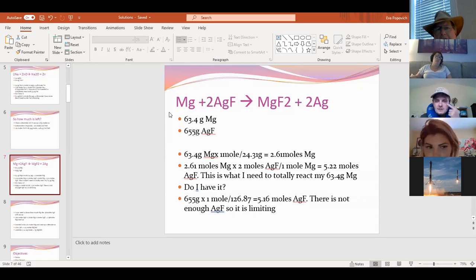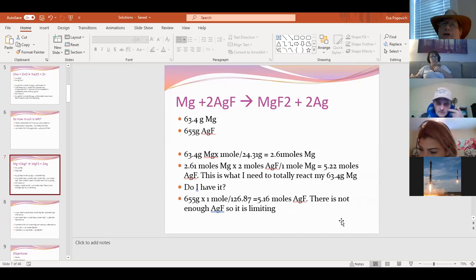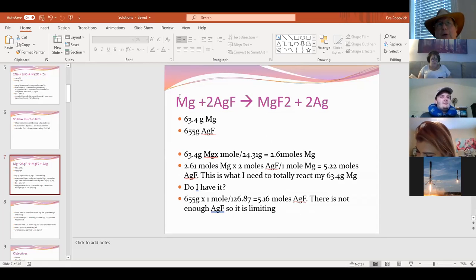Not right, guys. What's the coefficient in front of magnesium? 1. And silver fluoride? 2. So if I'm going to convert my silver fluoride to magnesium, what number goes on top, the 1 or the 2? We want magnesium. What number is in front of the magnesium? 1. So I'm going to put 1 mole of magnesium over 2 moles of silver fluoride.